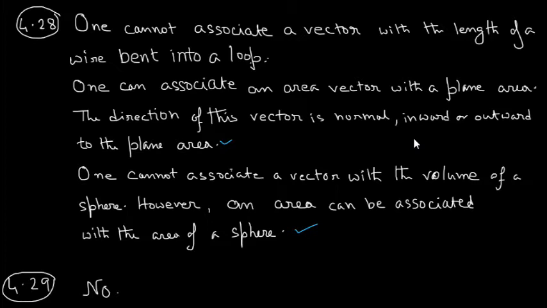One can associate an area vector with a plane area. The direction of this vector is normal, inward or outward, to the plane area. One cannot associate a vector with the volume of the sphere. However, an area vector can be associated with the area of a sphere.